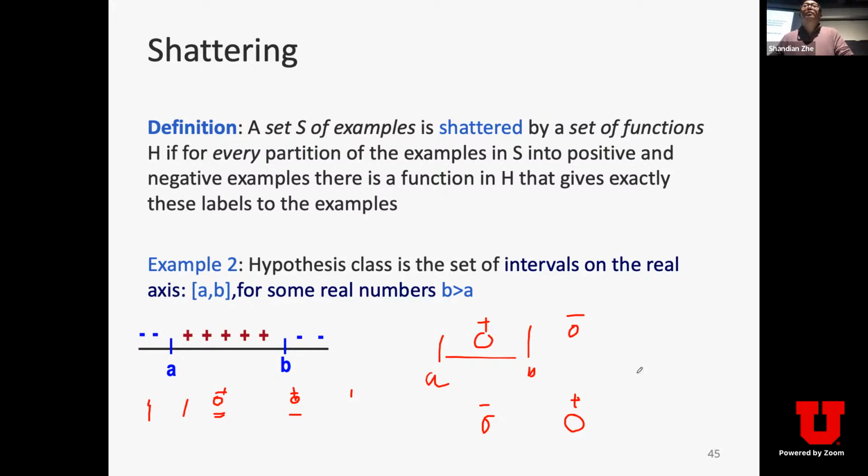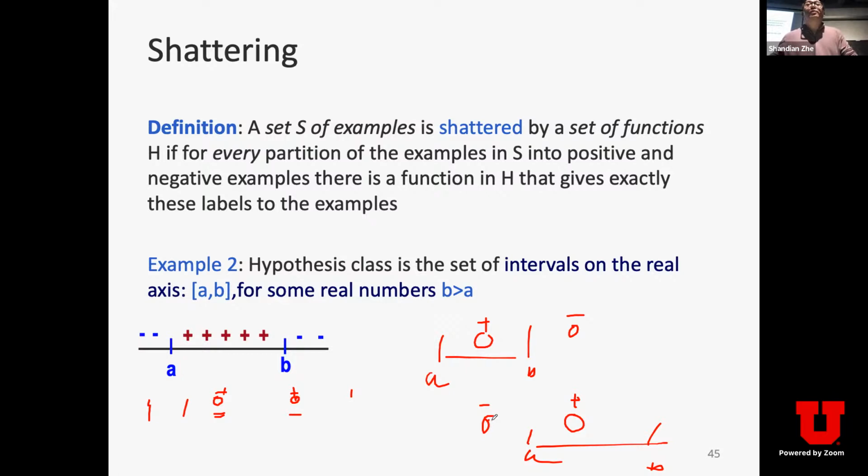Any thought? Yes, so I can just pick A here and B here, so that we only include this positive labeled data point inside the interval. The negative labeled data point is outside the interval. So I can still correctly predict the two labels.